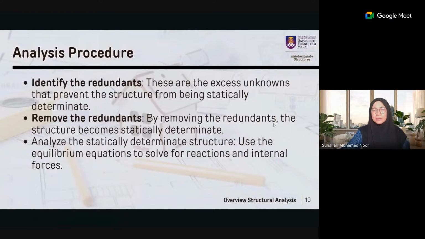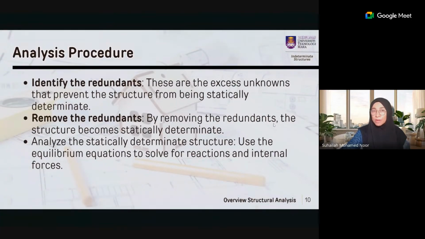Actually it will depend on understanding of the support concept. The support concept, we have fixed support, we have pin support, we have roller support. For example, if we want to remove one reaction in fixed support, whenever we want to change from fixed to pin, we have to remove moment.